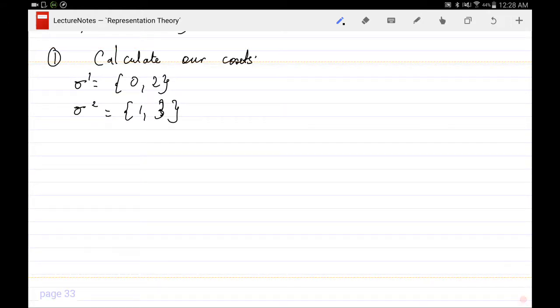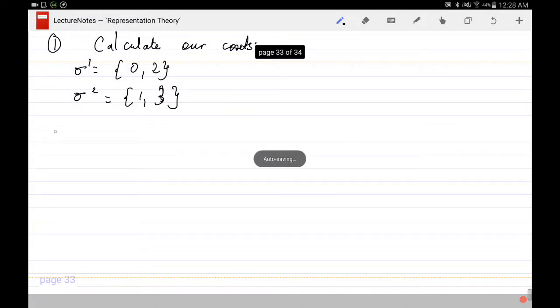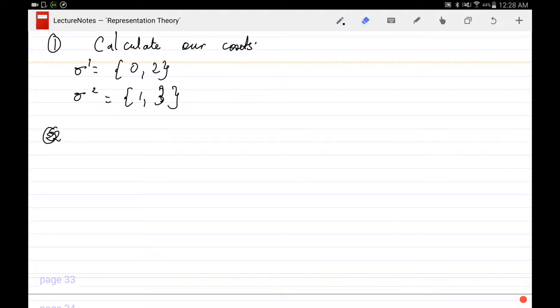Once we've picked our cosets, we can pick our left transversal set.